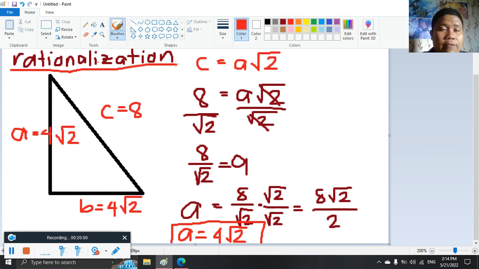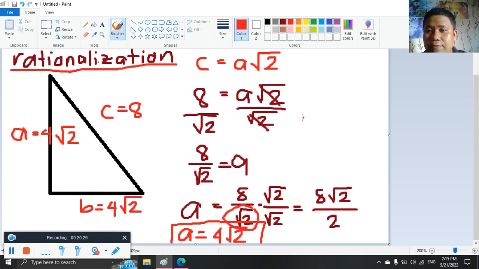Your final answer cannot have a radical sign in the denominator. So whatever the value of the denominator, that is what you multiply to both the numerator and the denominator. For example, this square root of 2 in the denominator, by using the rationalization method, you use the square root of 2 over the square root of 2.